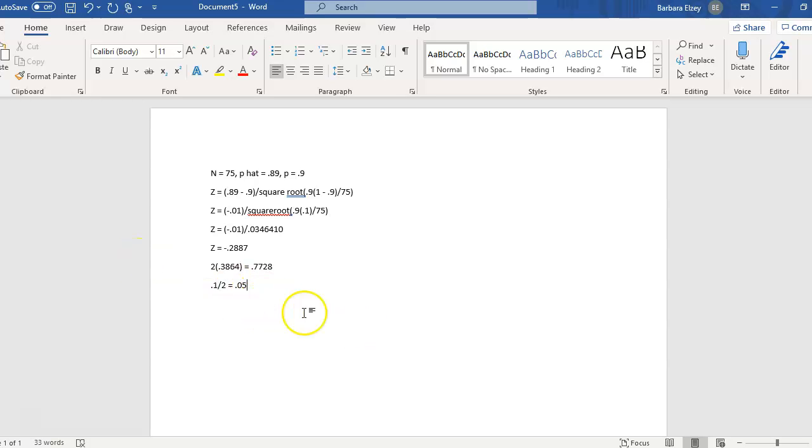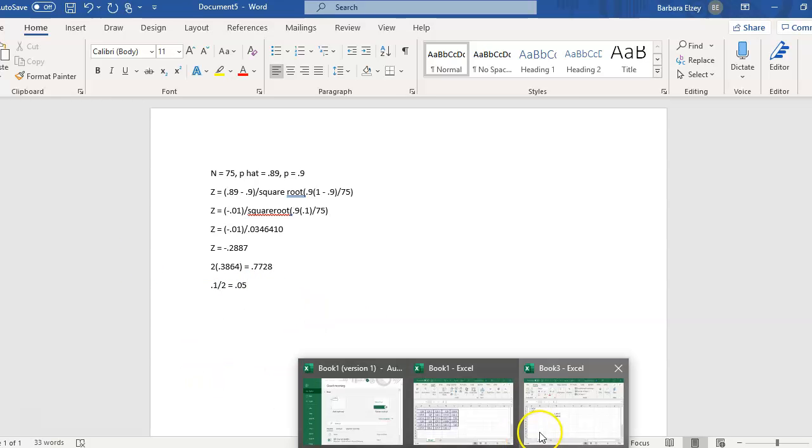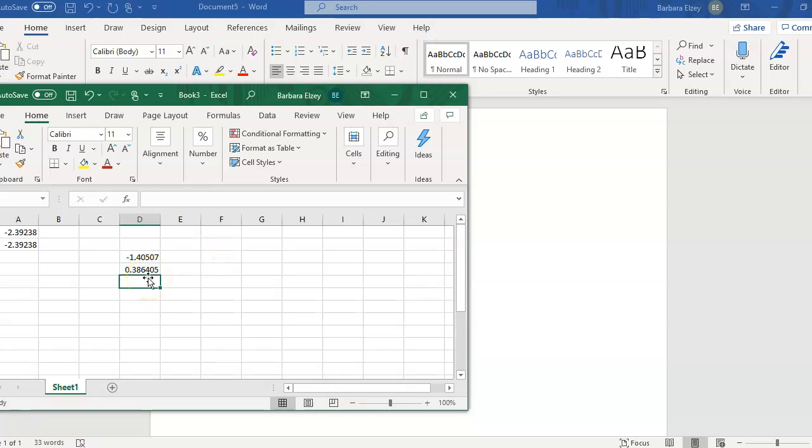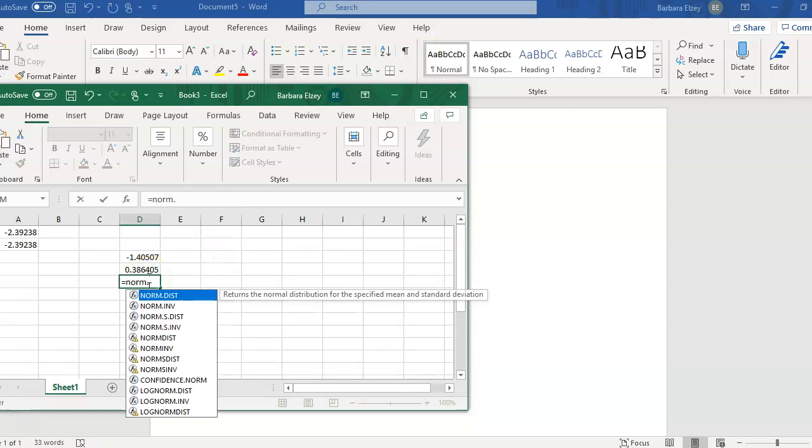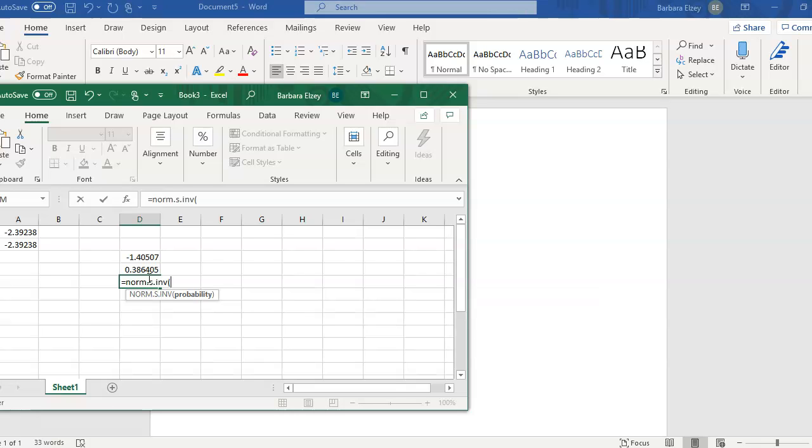And then let's look up the critical value of 0.05. Equals, this time we've got to use our inverse. 0.05 gives us a critical value of negative 1.6. I think it said 2 decimal places, so negative 1.64.